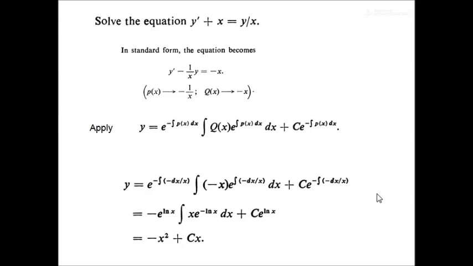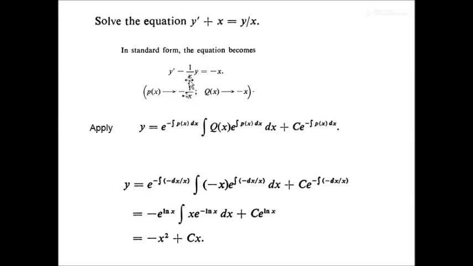This is another example. You have to change the variable: y prime plus x equal to y by x. So in standard form, this equation becomes y prime minus 1 by x into y equal to minus x.